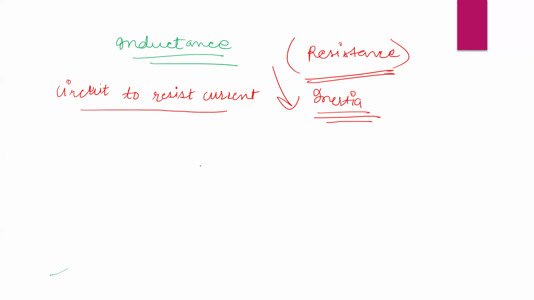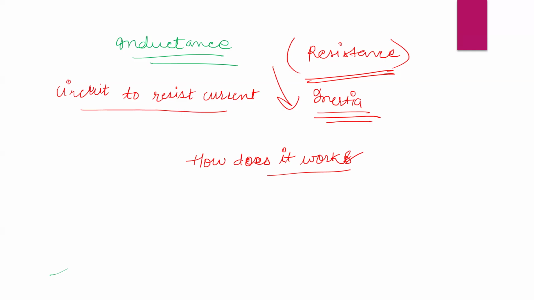So how does it work? When current flows through a wire, it creates a magnetic field around it. We all know that an electric current produces a magnetic field, and if the current changes, the magnetic field also changes.